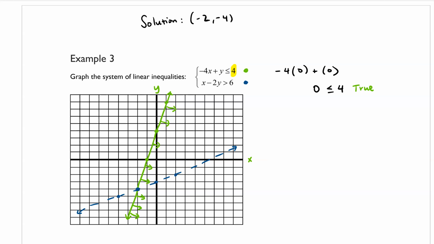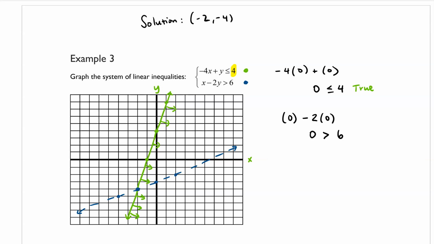Now we want to think about our blue line. Would we shade above the blue line or below the blue line? Let's use the origin again as a test point. So I'm plugging my origin into my second inequality. So 0 minus 2 times 0, if we simplify that, that gives us 0.